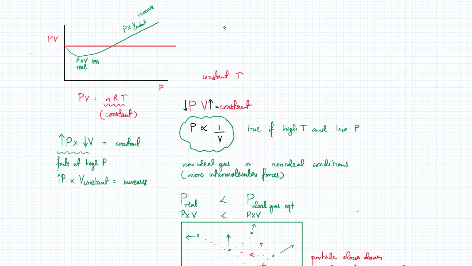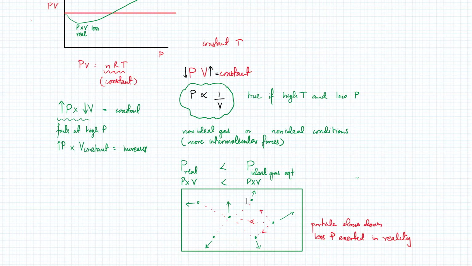Is this clear? Yes, I got it. Okay, we just have to keep it simple. They're not going to ask you a very big question on this. They're just going to ask why there is a dip. For the dip, you explain that the actual gas has intermolecular forces, so particles slow down and less pressure is exerted in reality.